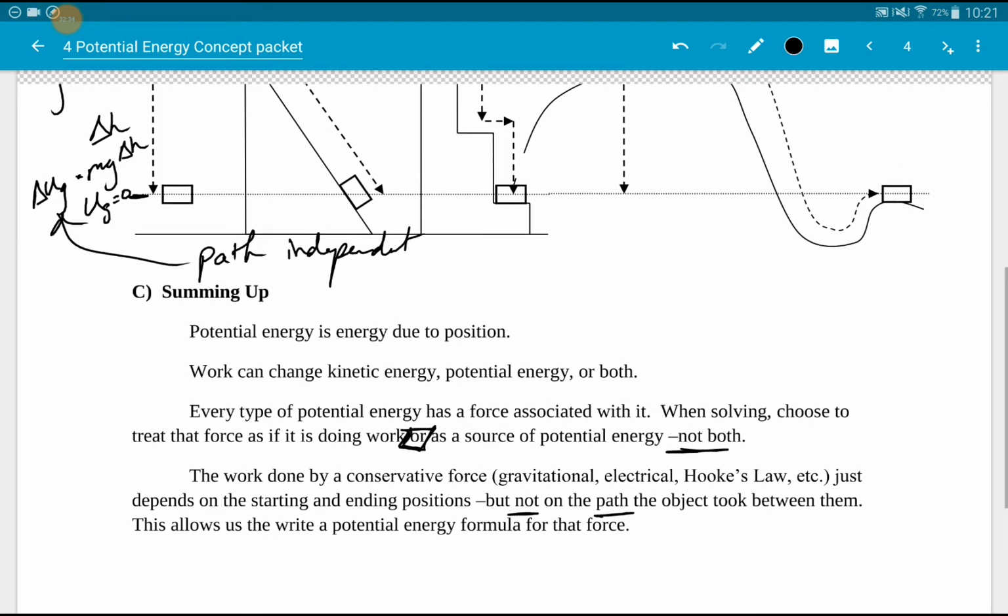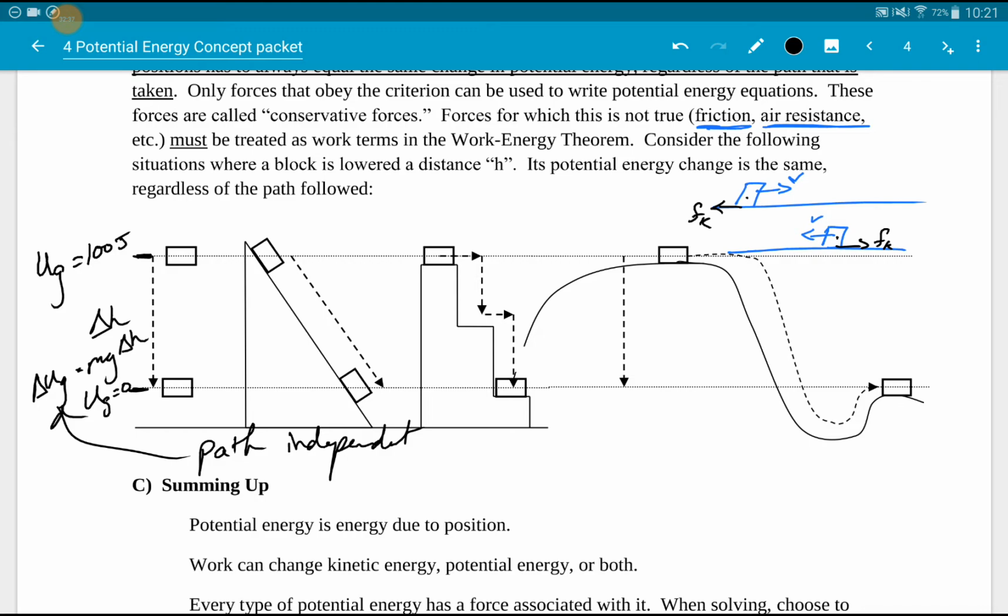Now, last but not least, notice that since this is path independent, if I thought about taking these scenarios here, moving the box down to the different positions at the bottom, but in different ways and different paths, if I thought about gravity not as a potential energy, but instead as gravity doing work on this thing, which would be equally correct.